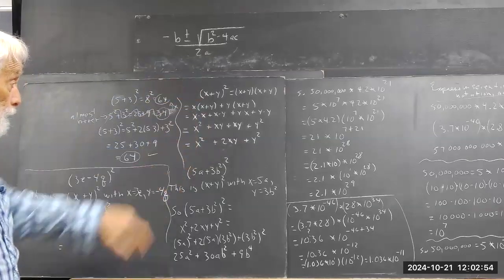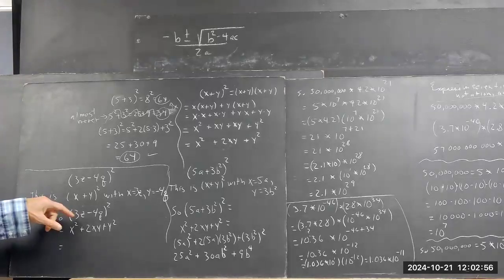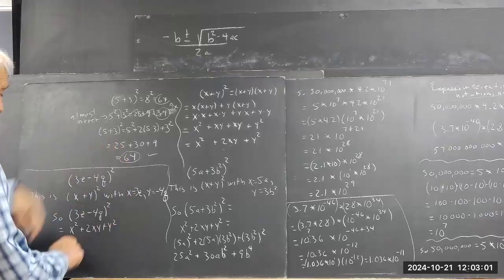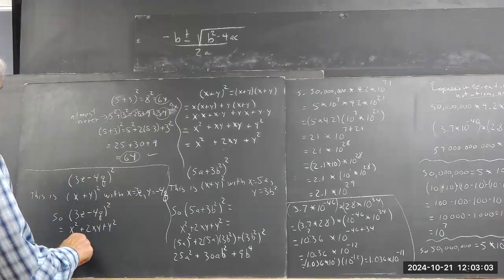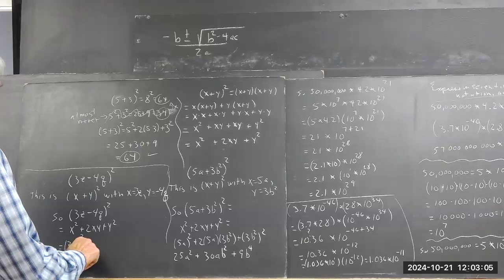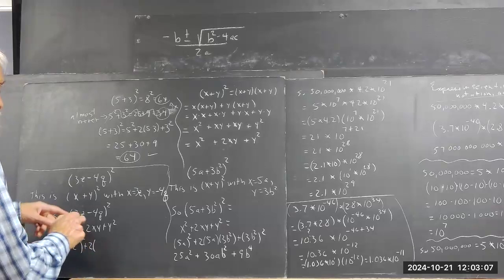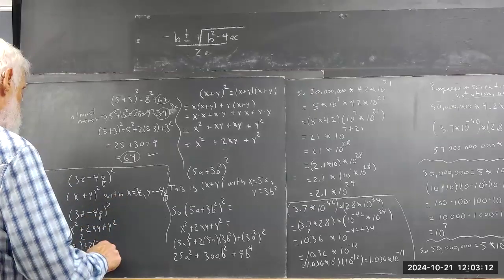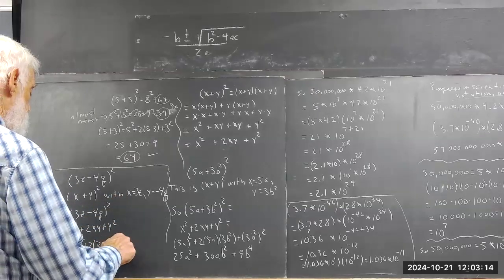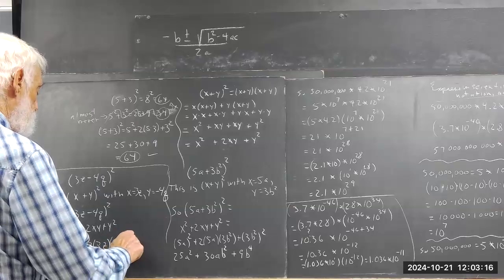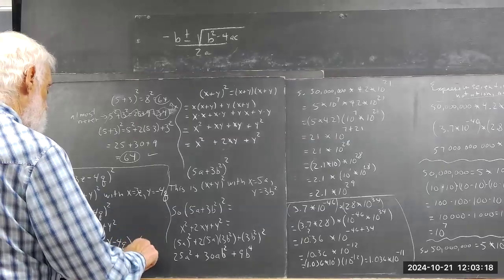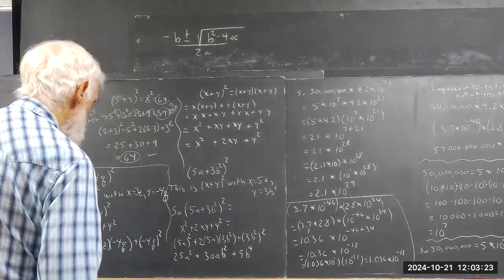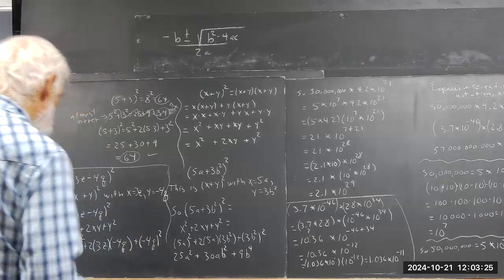And it always applies, as long as we understand what x is and what y is. So what is x squared? Well, x is 3z. So we've got 3z quantity squared. And that's 2xy. That's 2 times 3z times negative 4q, plus negative 4q squared.